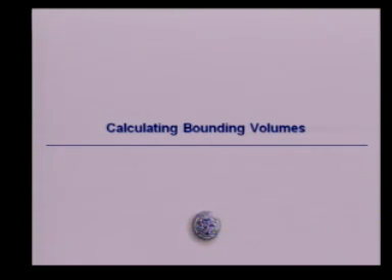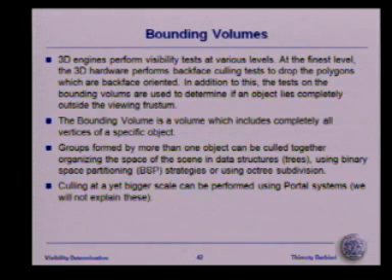And still speaking about visibility determination, I have named several times bounding volumes. It has come the time to try and figure out how we can calculate these bounding volumes. Why do we want to calculate bounding volumes?